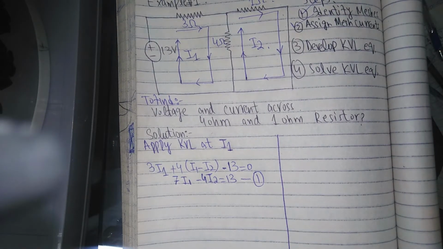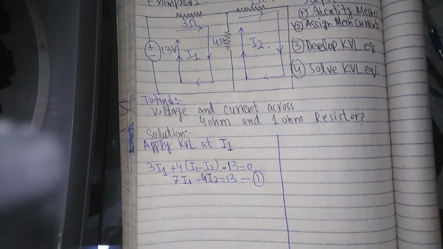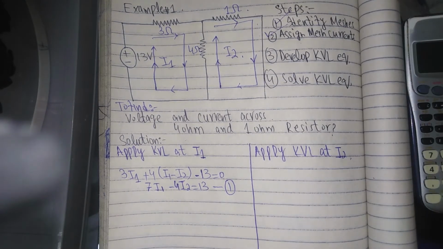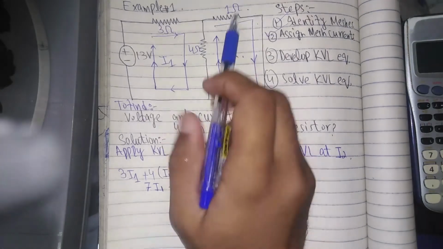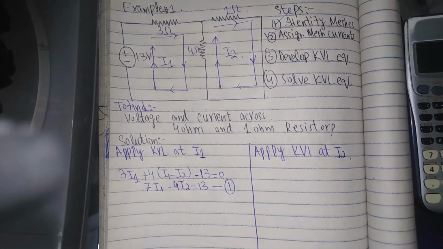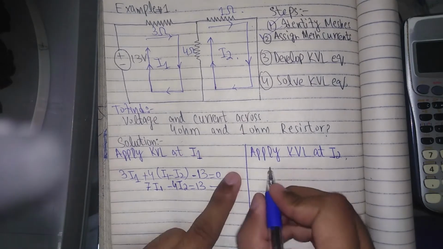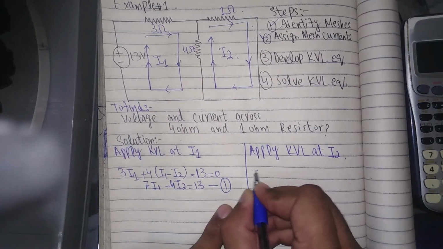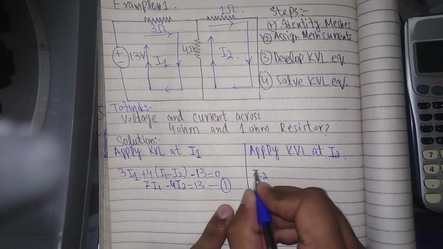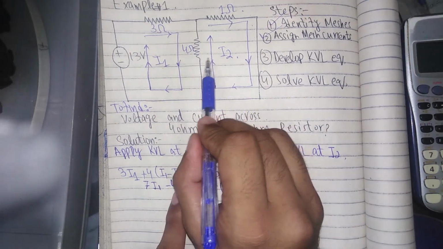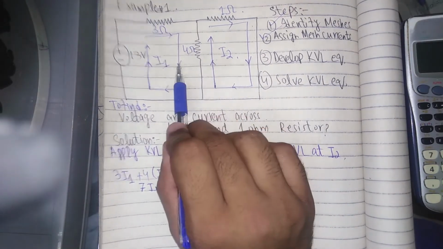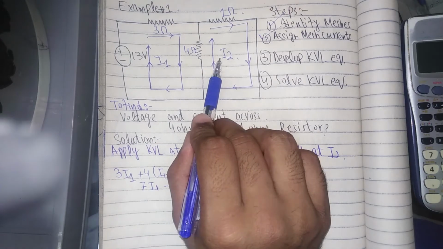Now our next step is to apply KVL at loop I2. Now students, we are in loop I2, so we start from here. It will be 1 into I2, which is I2. Then here there are two currents flowing, I1 and I2.